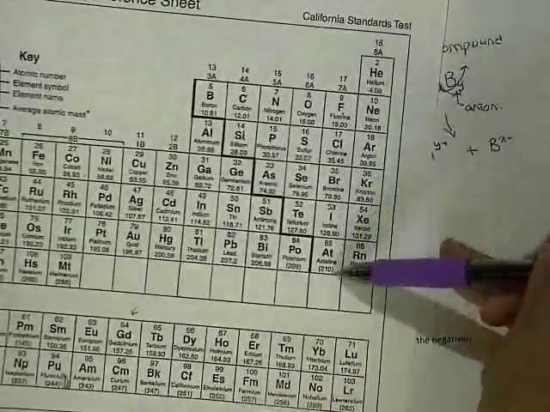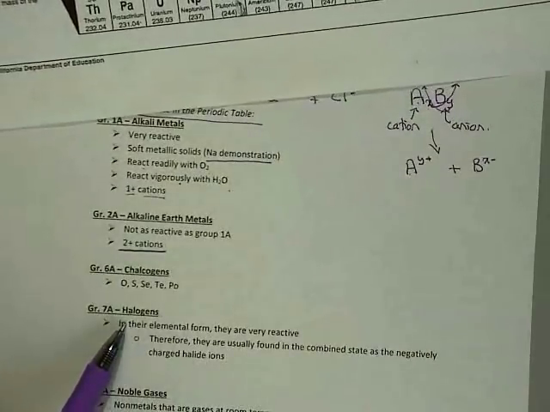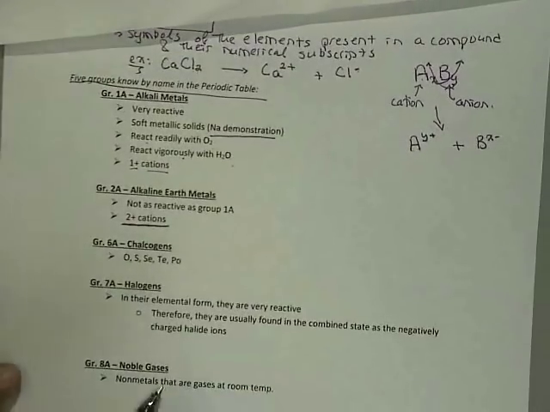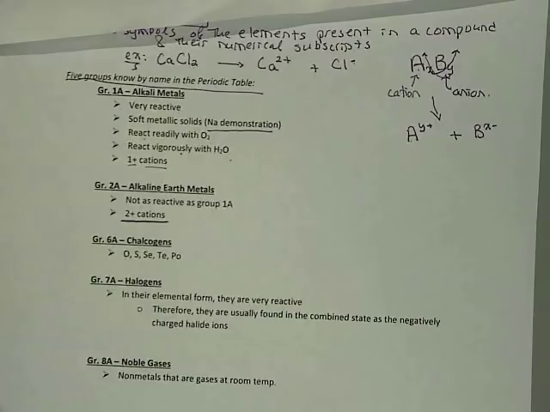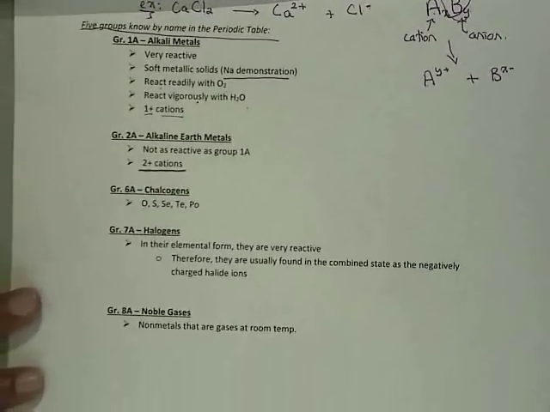This group is known as halogens, and halogens in their elemental form are very, very reactive. So they're usually found in a combined state as negatively charged halide ions. We'll talk more about halogens, and you do have one part in this experiment that does deal with halogens.